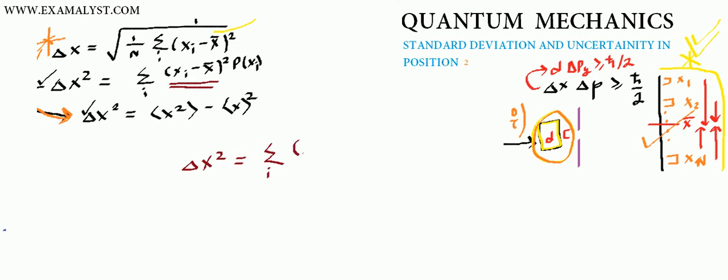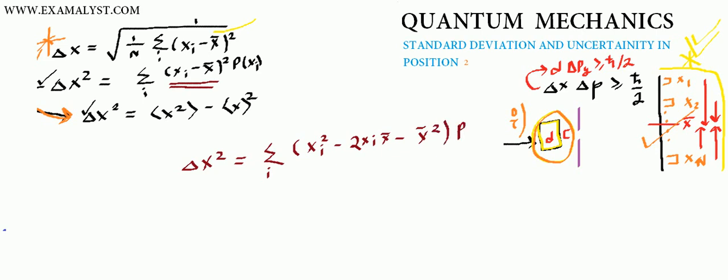The first term is x_i square. The second term will be minus 2ab, so minus 2 into x_i, and then the average value, that is x bar. The third term is the average value x bar square, all of which are multiplied with p of x_i.